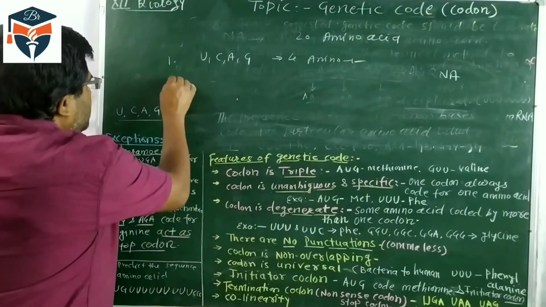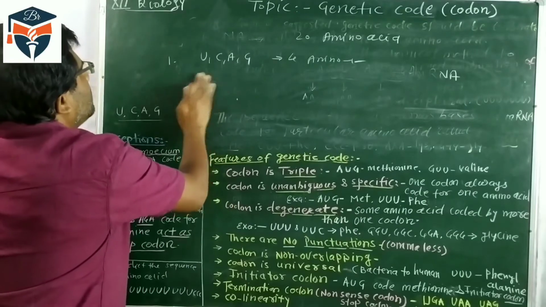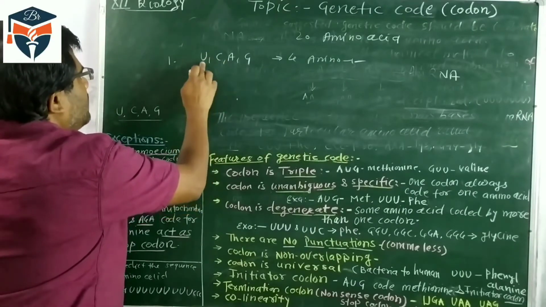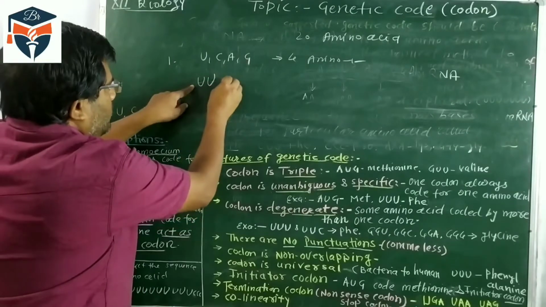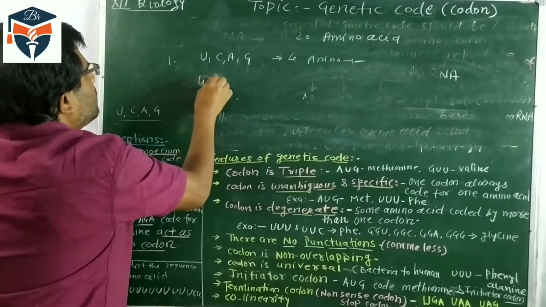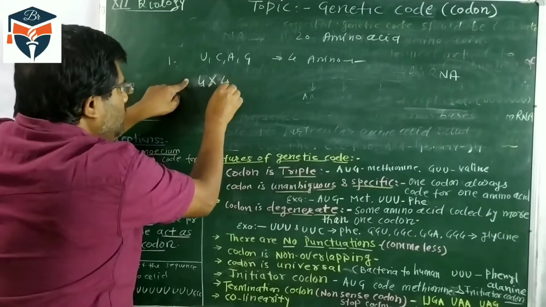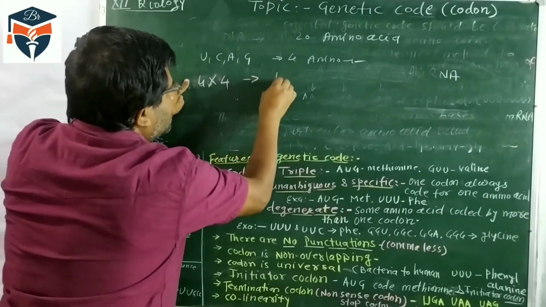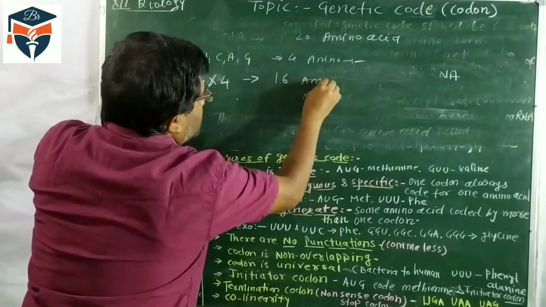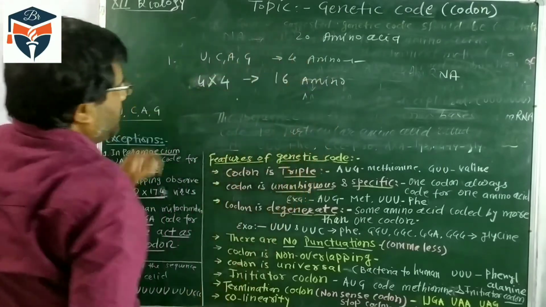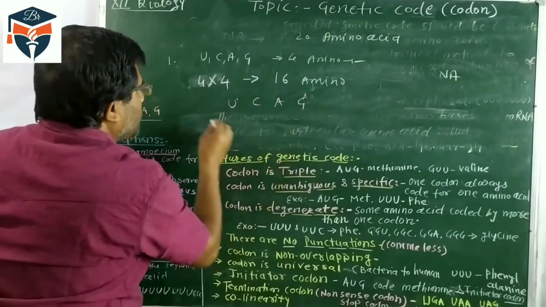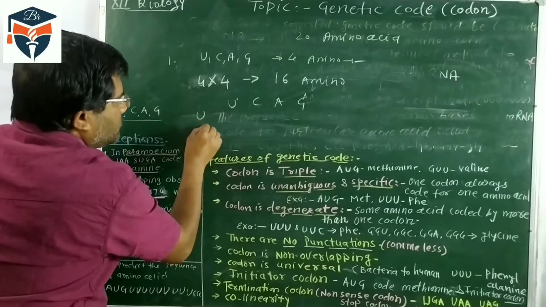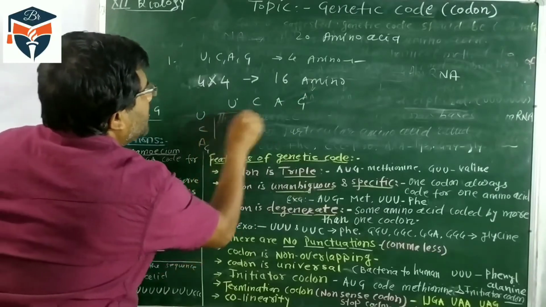Then the second condition: if the bases are taken as a double, suppose 4 nitrogenous bases into 4, in such cases we will get 16 amino acids. Here you can see U, C, A, G, and again it is crossed with U, C, A and G. Then what are we getting?